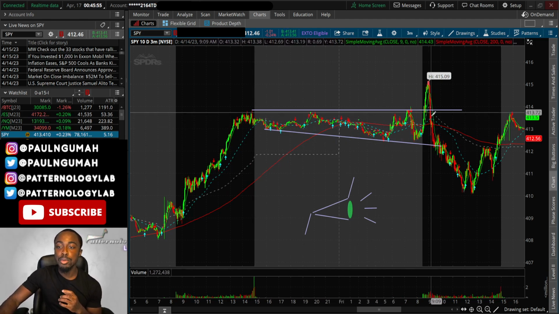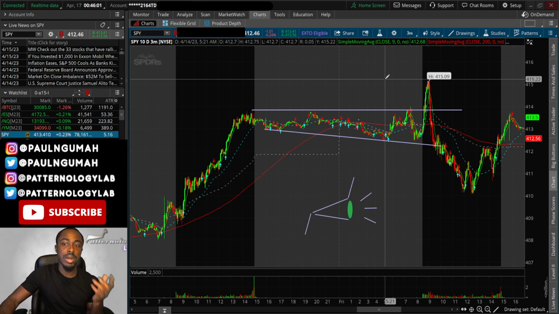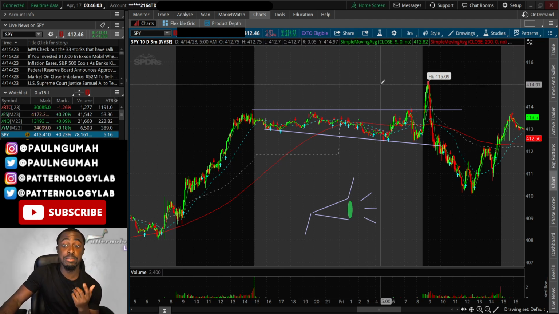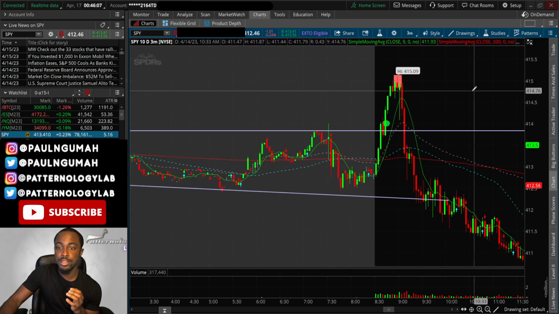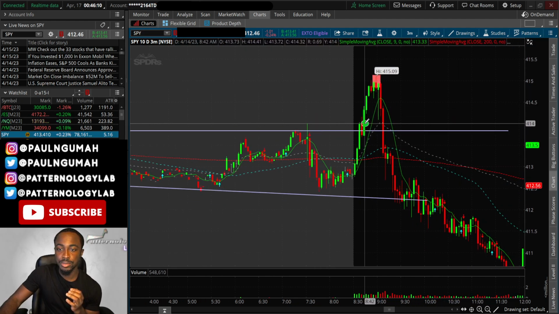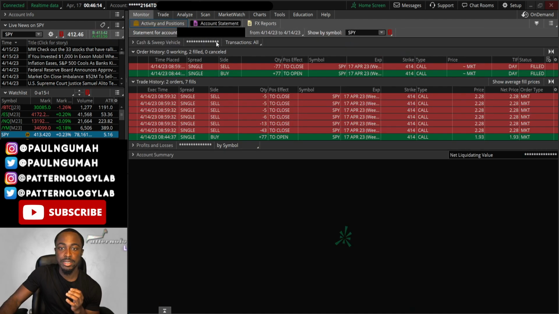Now, let me just show you guys my entry and my exits, and then I'm going to explain why I got out and why it makes sense. So this is how I was doing in the morning, and y'all can see the green circle right there. We're going to go onto the monitor tab and look at the trading details of that specific day.